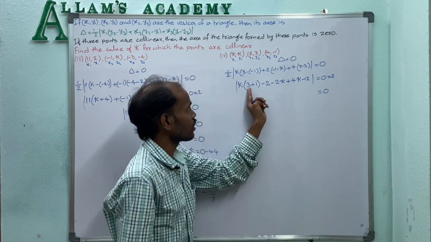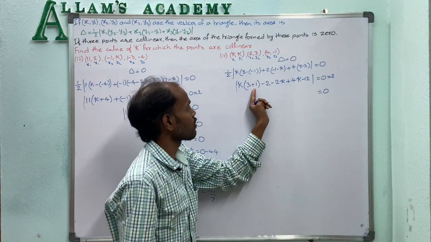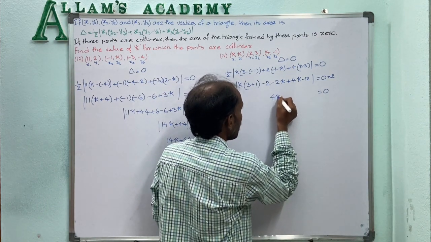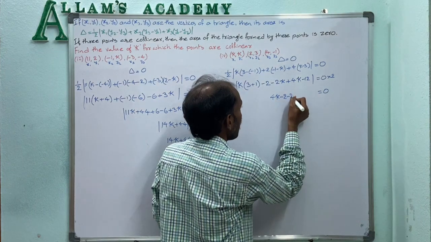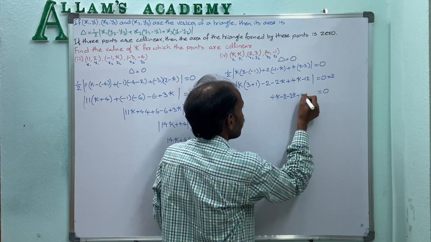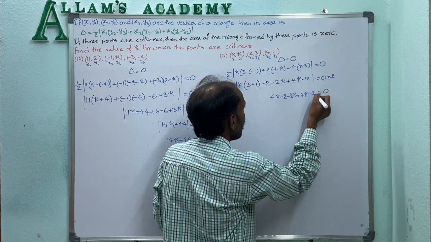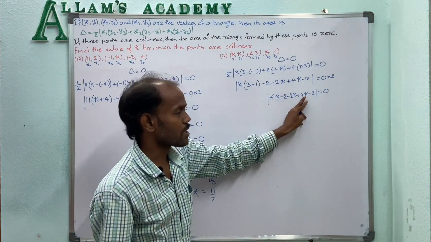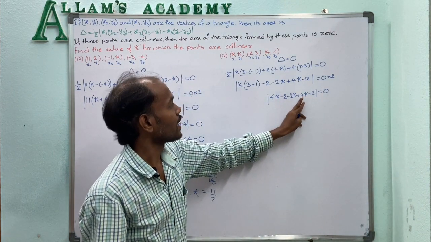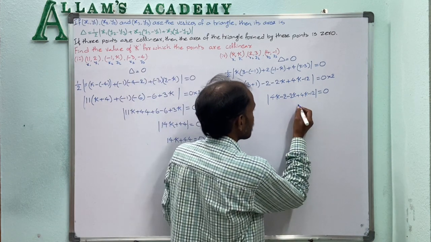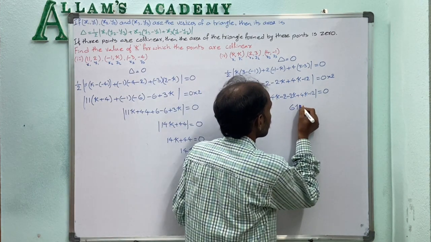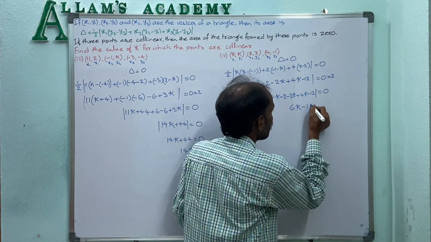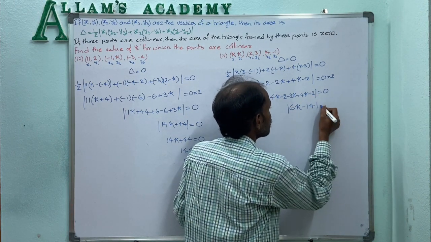So k into 3 plus 1, 3 plus 1 equals 4. So k into 4 is 4k, minus 2 minus 2k, plus 4k minus 12 is equal to 0. So 4k plus 4k is 8k, 8k minus 2k is 6k, minus 2 minus 12 is minus 14, equal to 0.